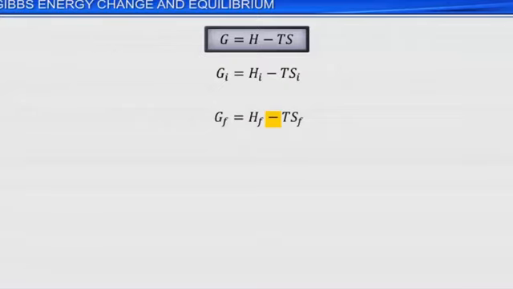Thus, change in Gibbs energy, that is, Gf minus Gi, equals change in enthalpy, Hf minus Hi, minus the product of absolute temperature T and change in entropy, Sf minus Si. That is, delta G equals delta H minus T delta S.